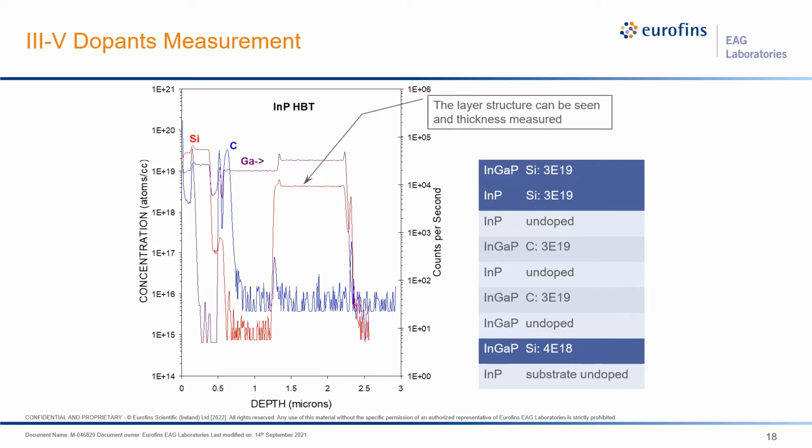You would see some changes in the gallium intensity, but these changes do not represent a change in gallium concentration. It's the way the signals come out of the SIMS instrumentation. When you see counts per second, you should ignore the changes in these intensities and use it only for marking the layers of, in this particular case, indium gallium phosphide.